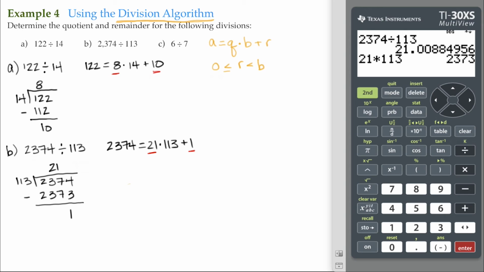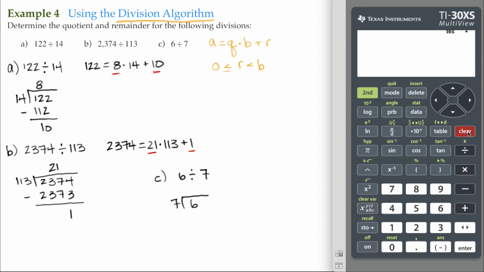And then for C, I'll put it over here. 6 divided by 7. So then we would have 7 as far as our long division goes into 6. 6 divided by 7. So again, we have this decimal. We want integers, so we take this decimal and we round it down to the nearest integer, and the nearest integer would be 0.